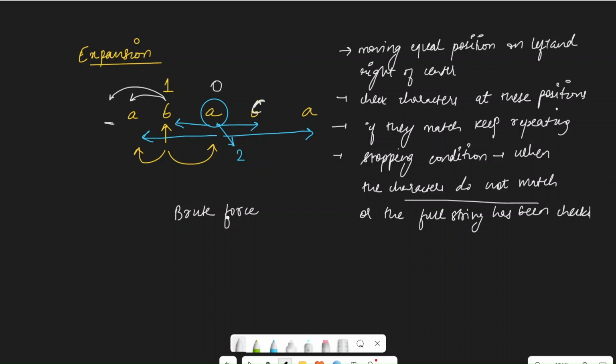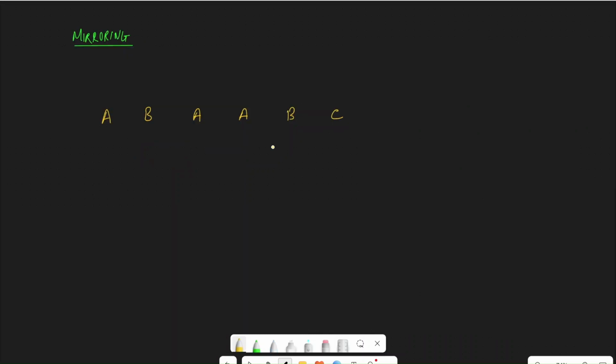Let us move to the third concept, which is the concept of mirroring. Suppose we have this string ABAABC. Now, the first thing that we need to do is transformation, and in transformation we apply a $ sign. So let's do that quickly.